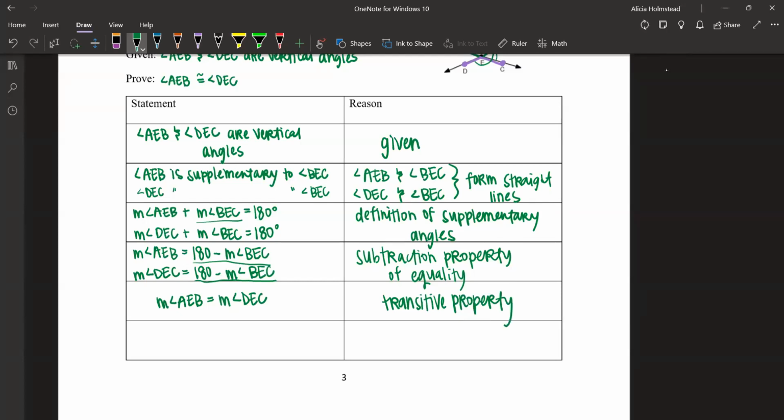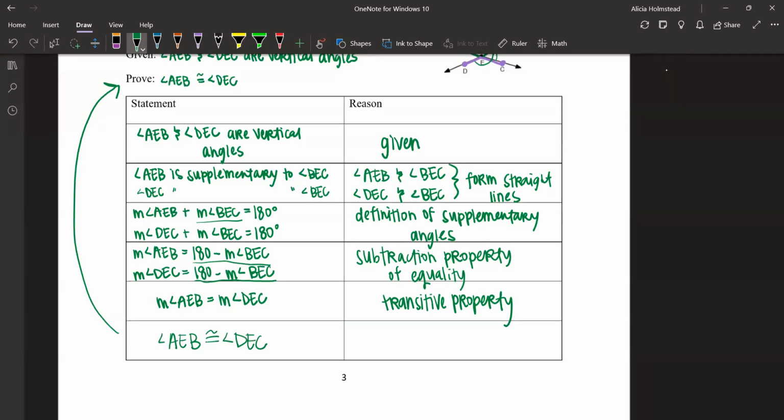So that's what we do when we take two things and set them equal to each other. And because the measures are equal to each other, that then means that the angle AEB is congruent to the angle DEC, which if you look up here, that's what we were trying to prove. So that's awesome. We know that we're done.